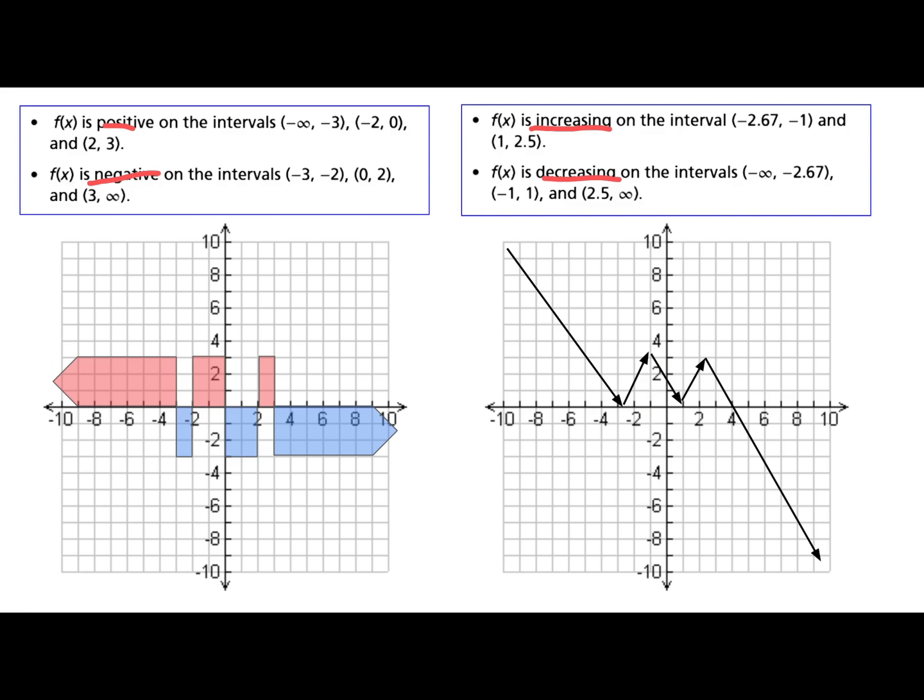So it's going to be from -2.67, so this here, going down to there, and then up until 1, and down until 1, up there, and then down. So we just took this graph and shifted it so that it was doing exactly what it needed to here. Does that make sense? I don't know.